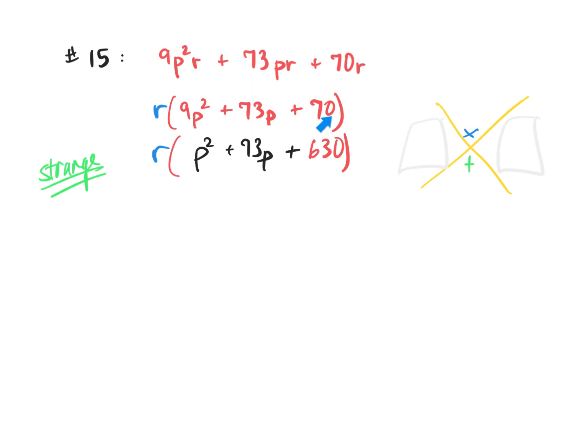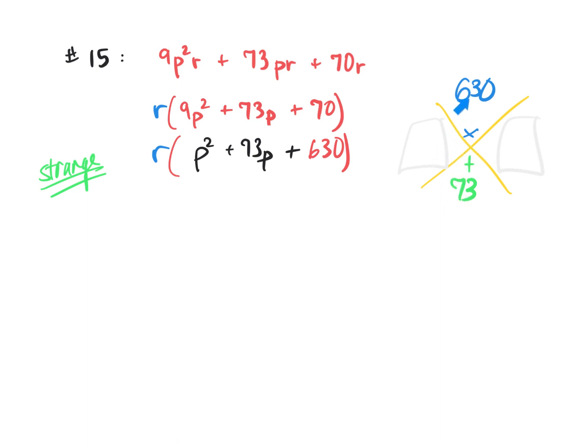First, the number on top is a, which is 1, times c. So 1 times 630 is 630. And then on the bottom, we put the b term, which is 73. Alright, then what goes in the boxes are two numbers that multiply to 630 and two numbers that add to 73.